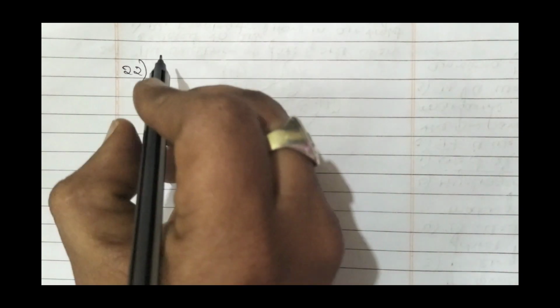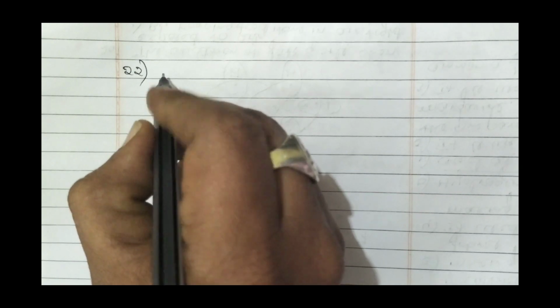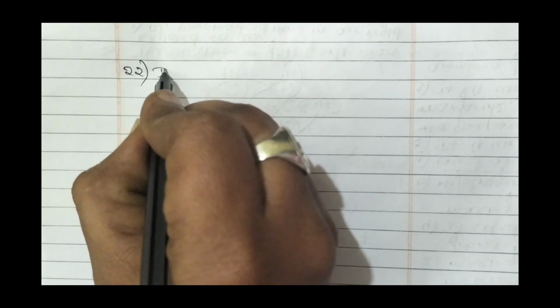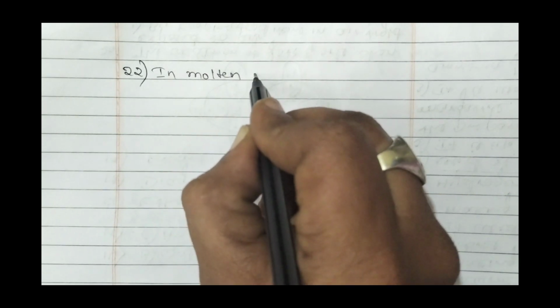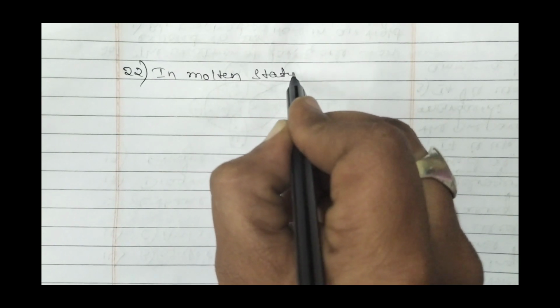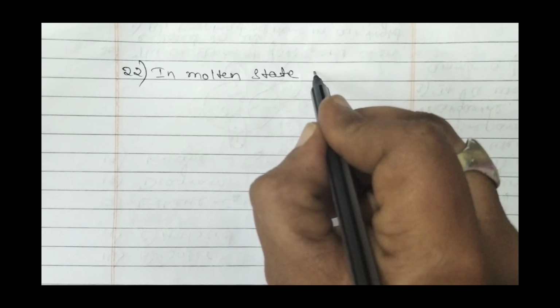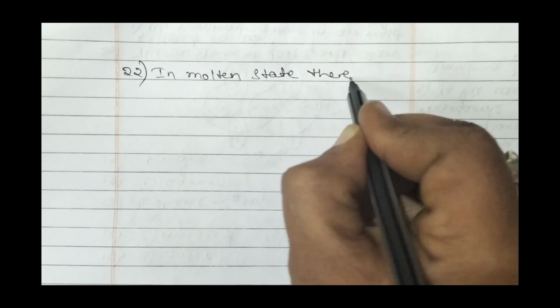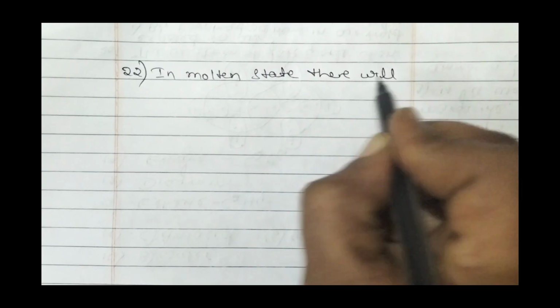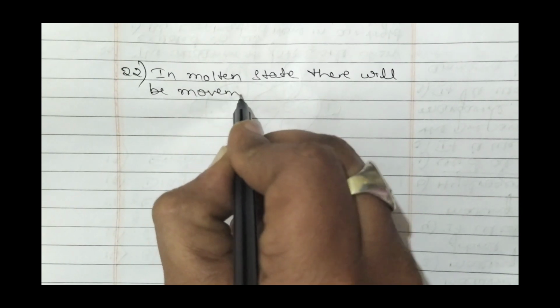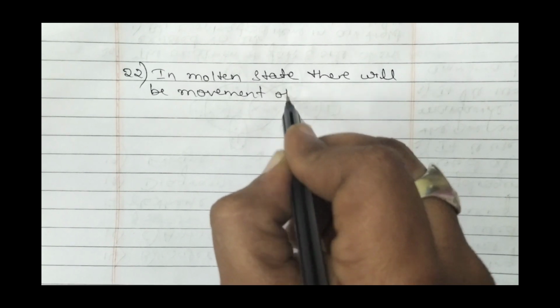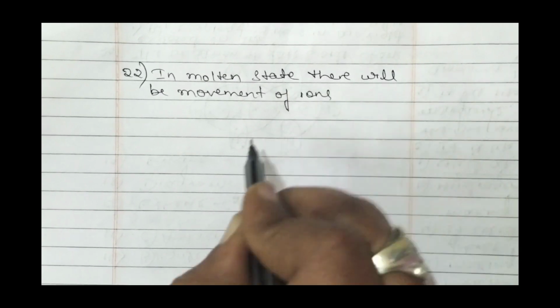Ionic compounds are good conductors in molten state. Justify your answer. In molten state, there will be movement of ions.